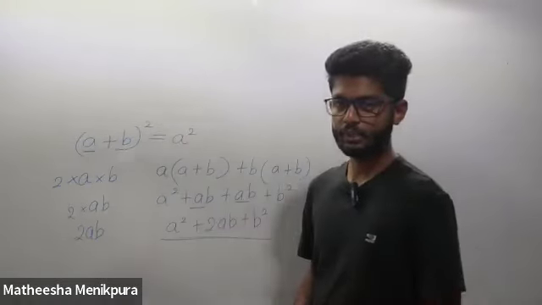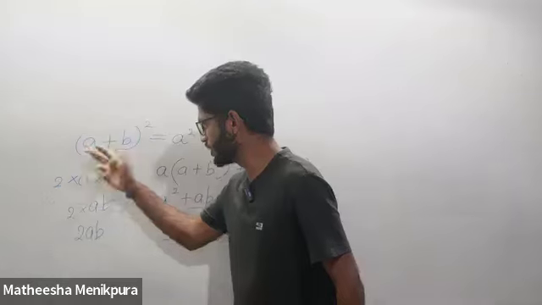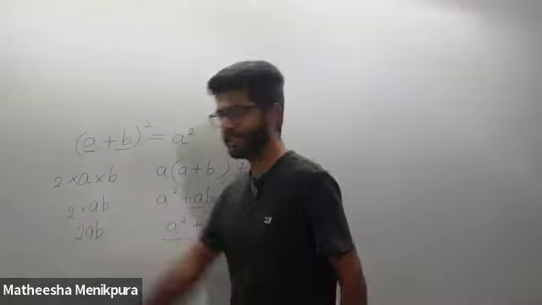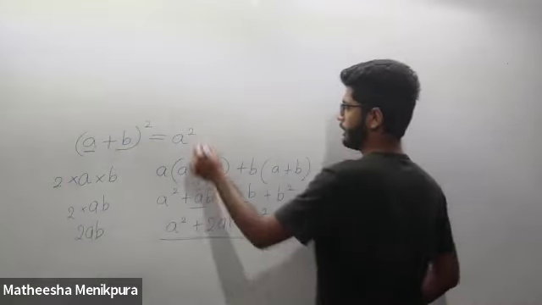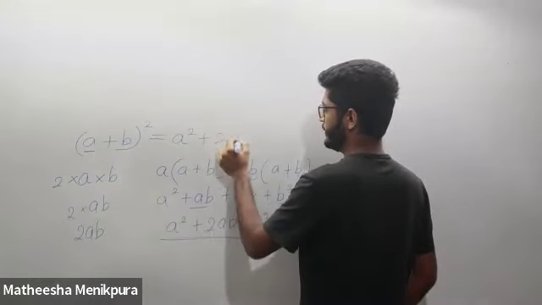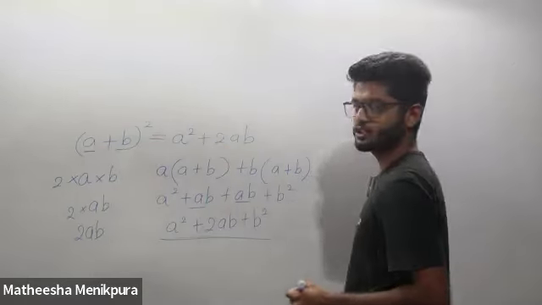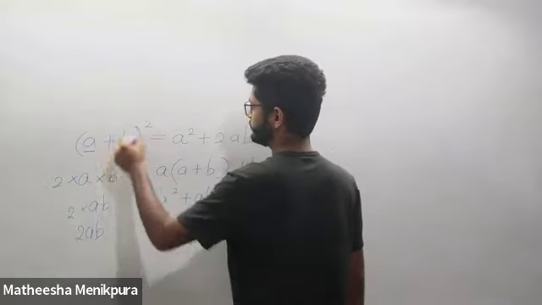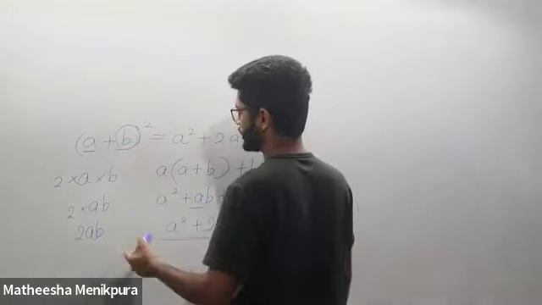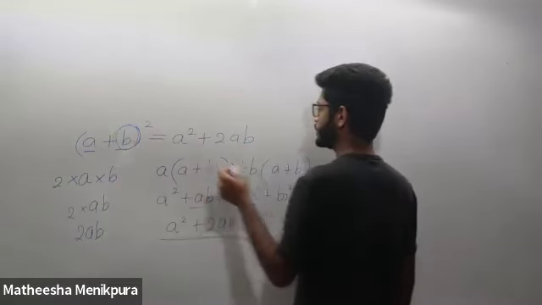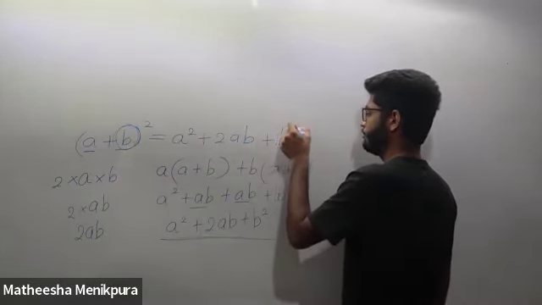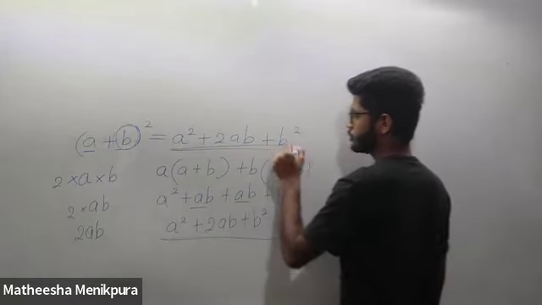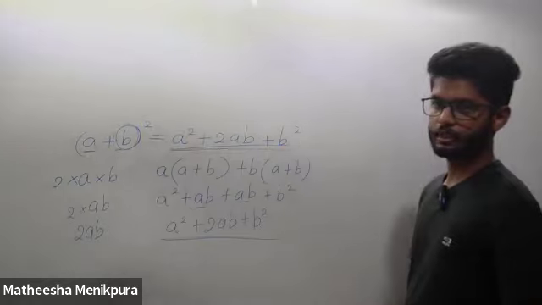So plus 2ab. Now take the square of the last term, or second term. The second term is b, so plus b squared. See, same answer: a squared plus 2ab plus b squared.